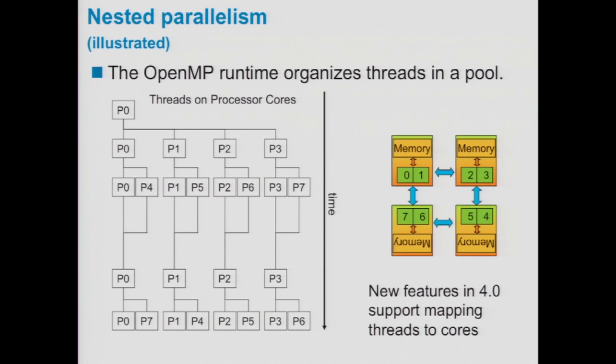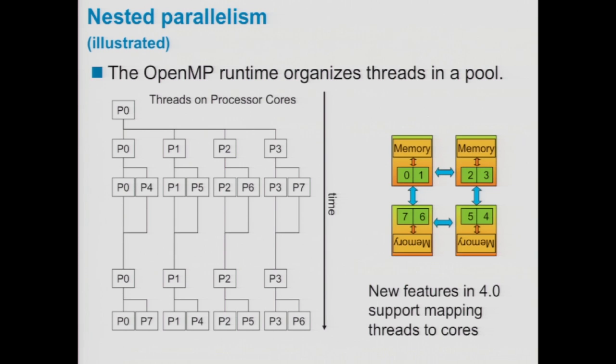You would kind of want things to be uniform, but due to scheduling delays, the fact that teams are created dynamically, that doesn't always happen. So for a long time, users didn't have mechanisms to control this. Specific vendor implementations created extensions, usually environment variables, that describe these affinity mechanisms, pinning mechanisms.